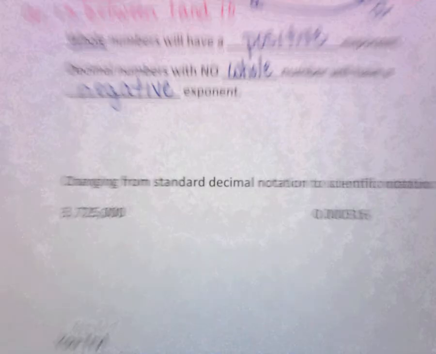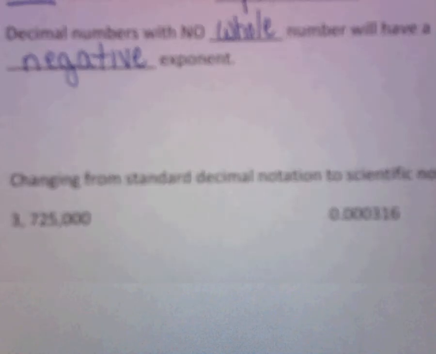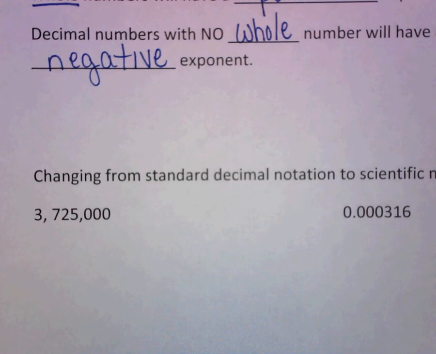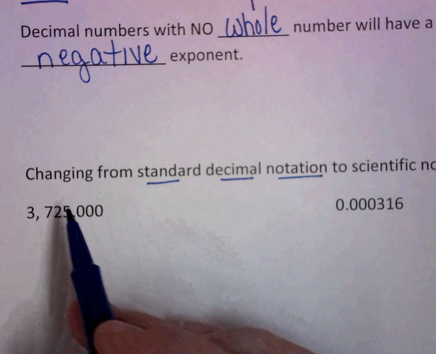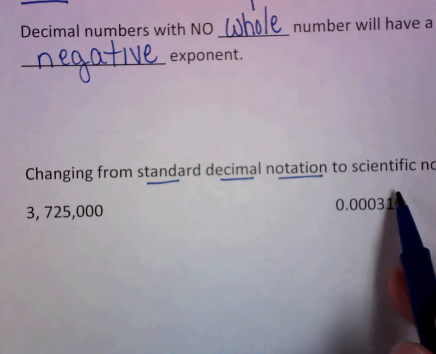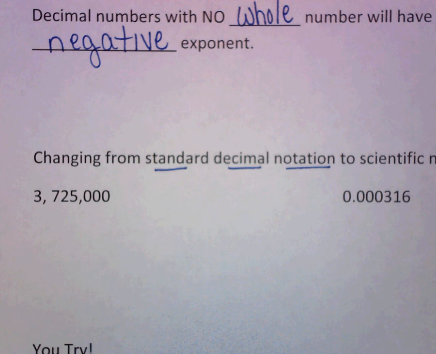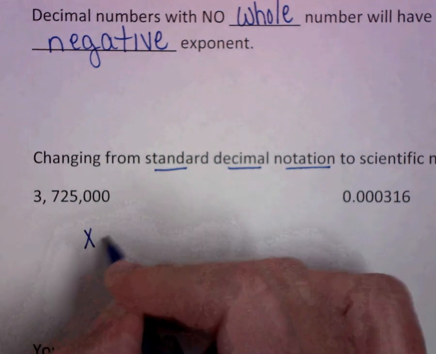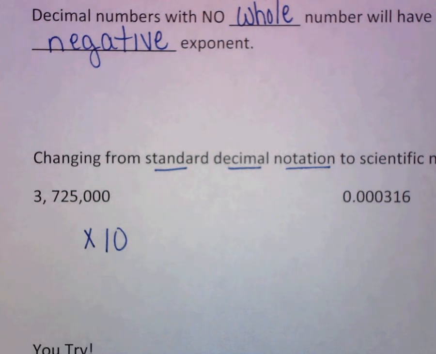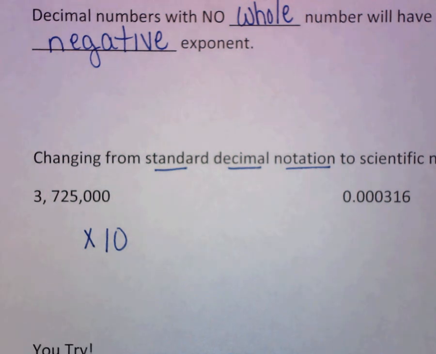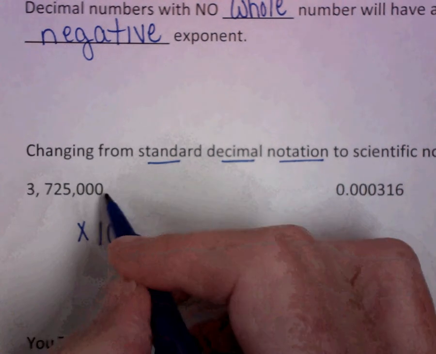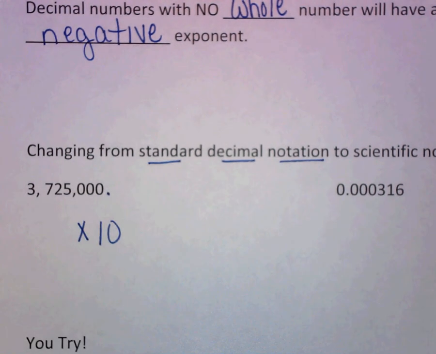Now I want to tell you this is really, really easy. If I want to change a number from standard decimal notation to scientific notation, remember, it's always going to be times 10, and we're going to have an exponent. Here is our decimal in our number to begin with. It's a whole number right now, so it's here at the back.